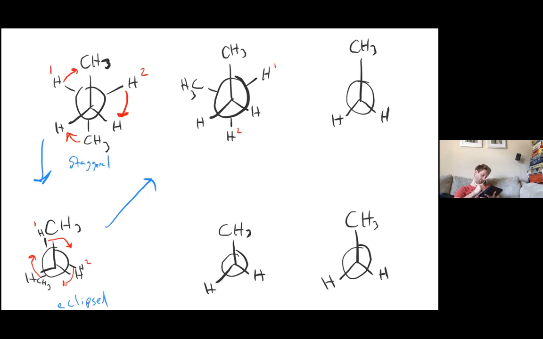We can keep doing this, pushing this one, pushing this one, pushing this one. That gets us to having the two CH3s next to each other, two H's, like so. So we went down again. This is H1, this is H2. Another 60 degrees puts us into another staggered conformation.